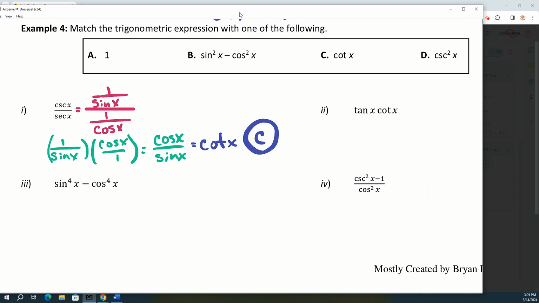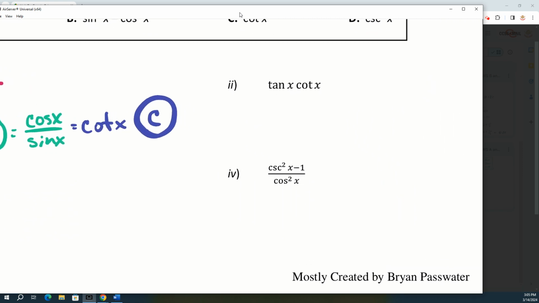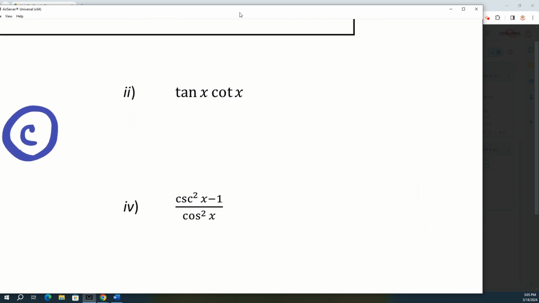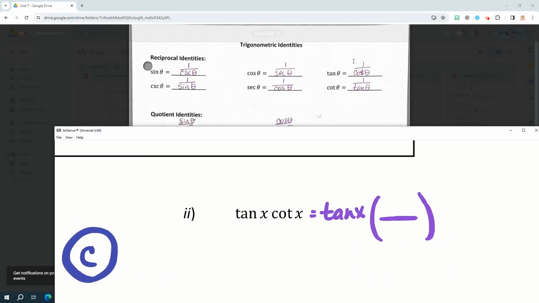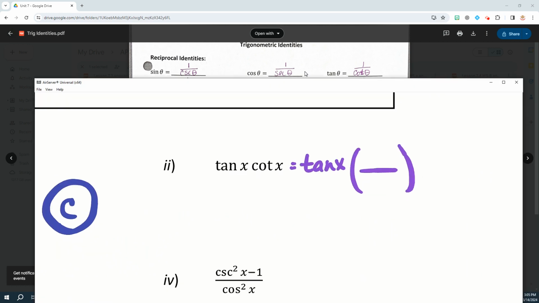All right, for number 2, we can start the same way we've been doing these problems, where we just write in terms of sine and cosine, which will be perfect. If you wanted to, instead, we could leave tangent alone and change cotangent to its reciprocal, which is 1 over tangent.